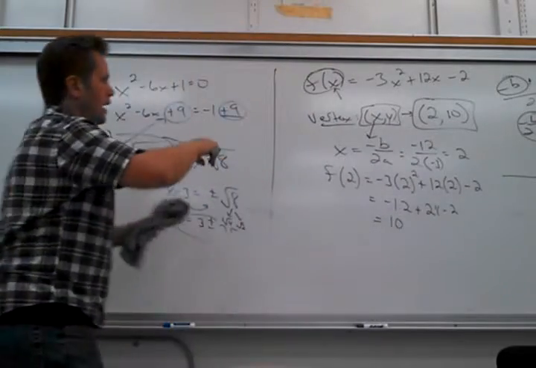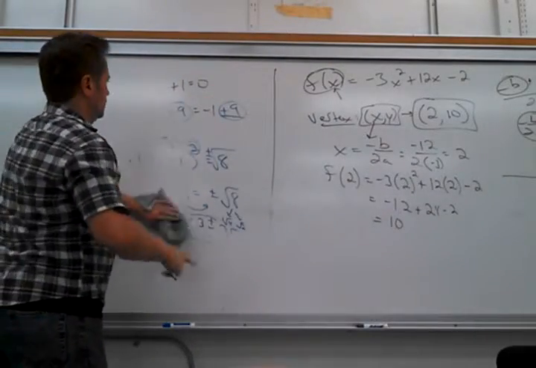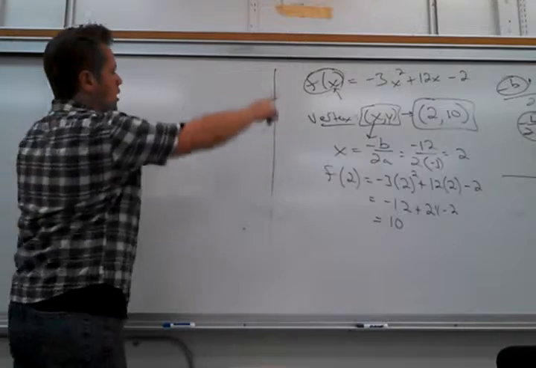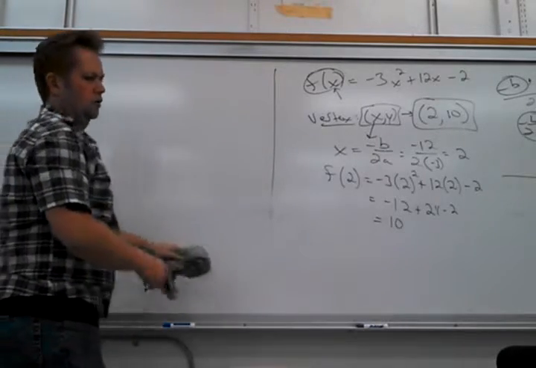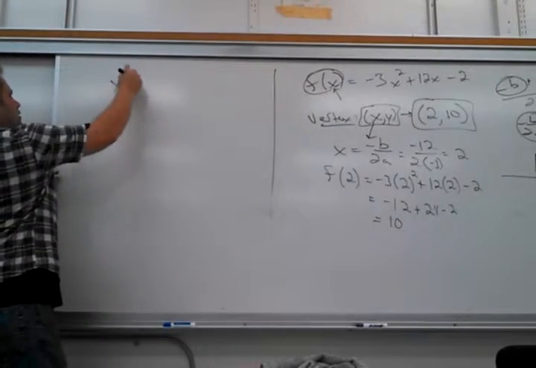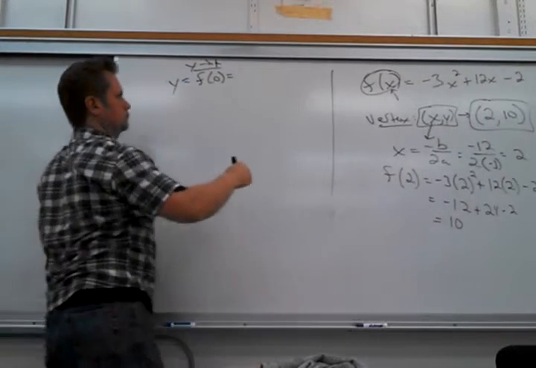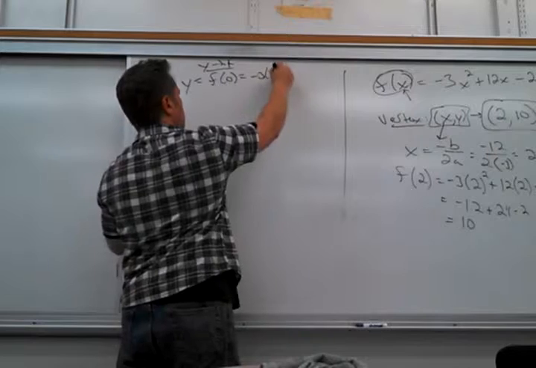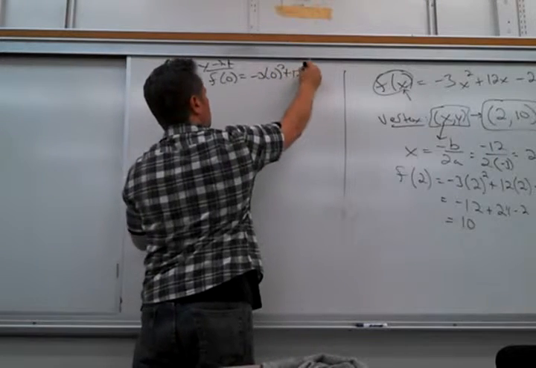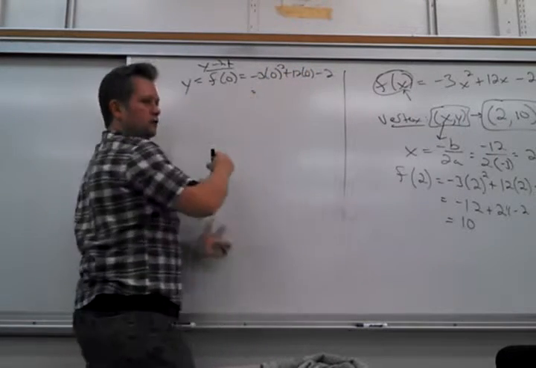You ready? So if I ask you to graph this, just like on the practice test, how do you find the y-intercept? Making x 0. Yeah, so if I make x 0, what do I get? I get negative 3 times 0 squared plus 12 times 0, which is a lot more work than I need, right?